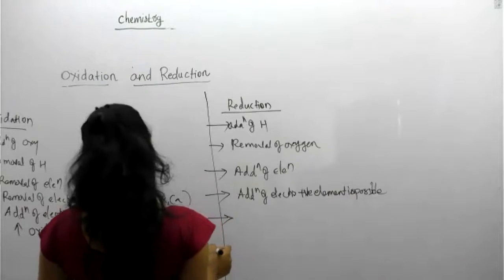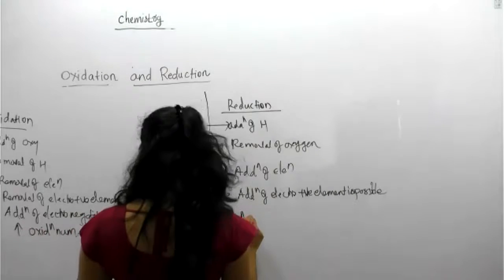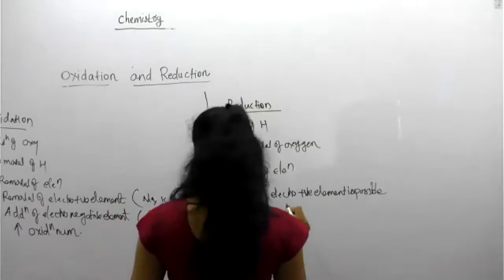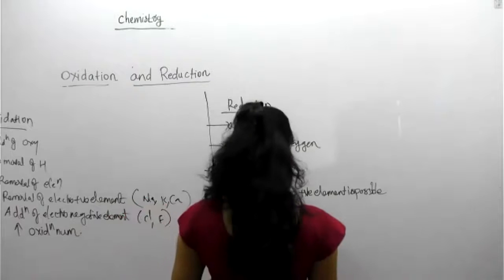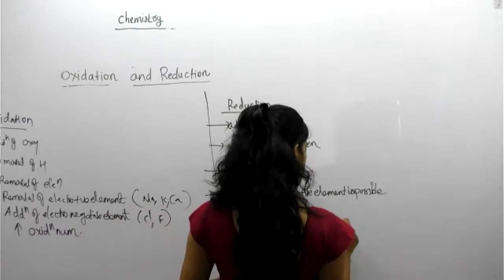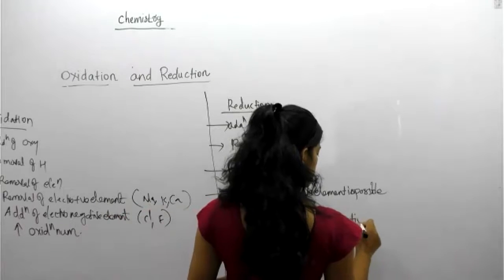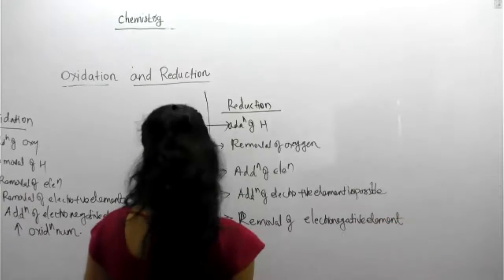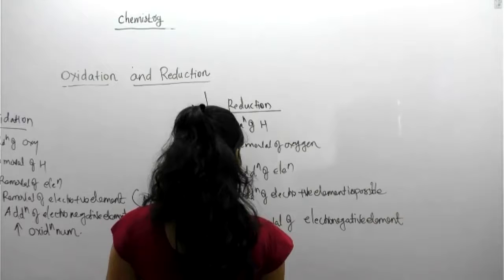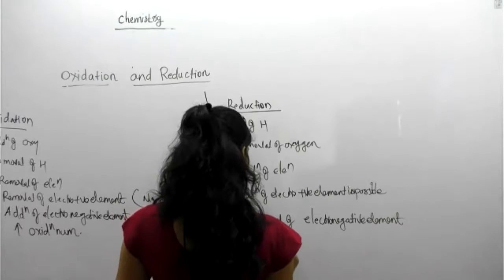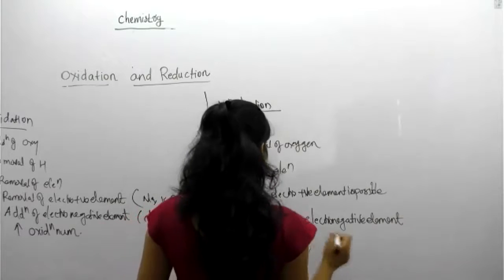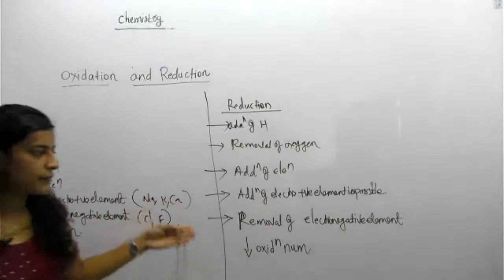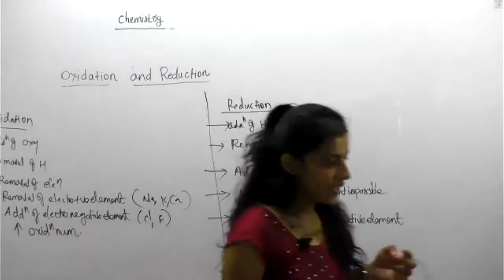Then removal of electronegative element is possible. Decreasing oxidation number. Okay, decreasing oxidation number. The reason I am writing these is that they have very good value.